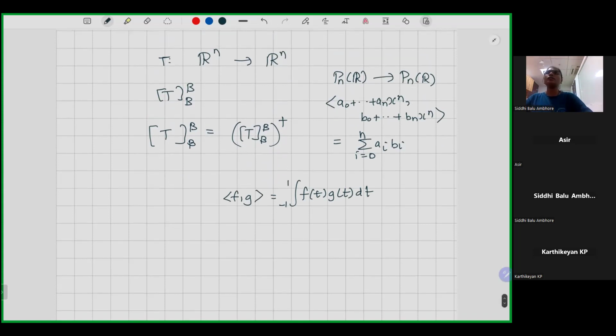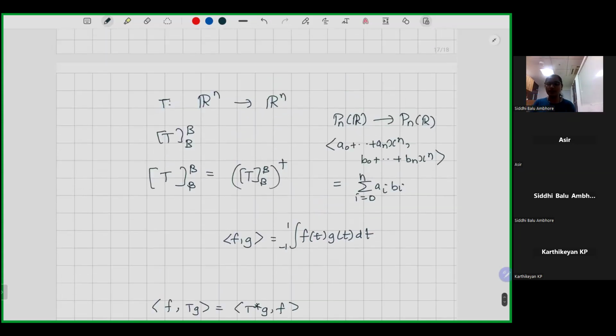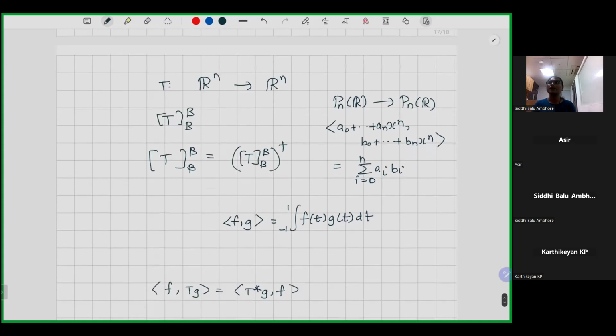When I write the inner product of T f comma g equal to the inner product of f comma T star g, the inner product plays a role, how we are defining it. For matrices, we can take the transpose and so on, because we are taking the standard inner product. There we can directly do this, but in general it cannot be obtained.